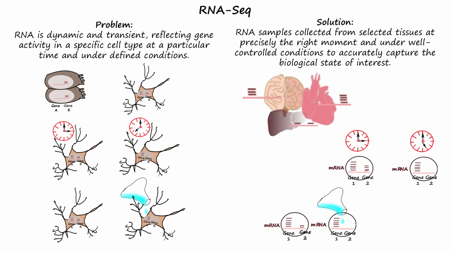RNA reflects gene activity in specific cell types at particular times and under defined conditions. Consequently, RNA samples must be collected from carefully selected tissues at precisely the right moment and under well-controlled conditions to accurately capture the biological state of interest.